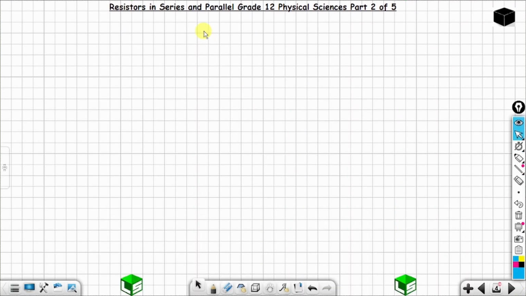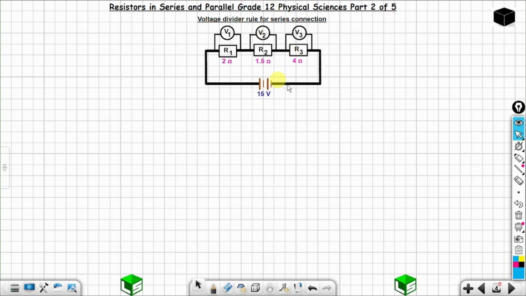Now, we are going to talk about the voltage divider rule for series connection. You have division of voltage in a series connection. In a parallel connection, you have division of current. Remember, you are given the following circuit.